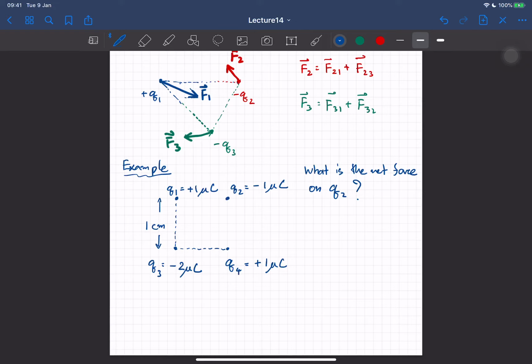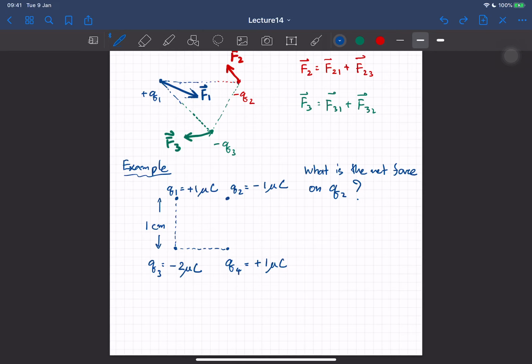So you have 4 charges. So you need to think about the contribution from every single charge on Q2, right? Because we are thinking about Q2. So that means you need to think about 3 forces: this pair, and also this pair, right? So let's write down or draw the force at least. So let's start with Q1 and Q2. Let's start with this pair.